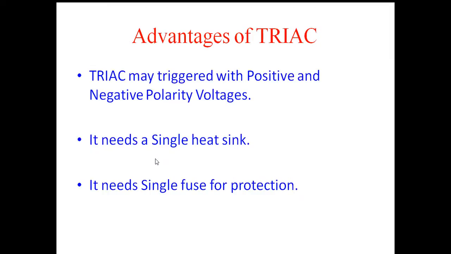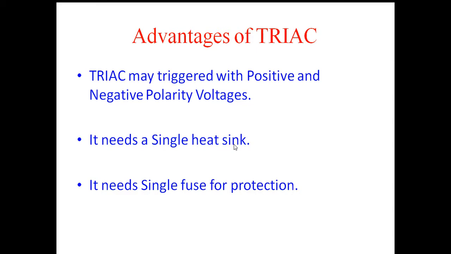Advantages of triac. The triac may be triggered with either positive or negative polarity voltages, as we just discussed. And when compared to SCR, it will have only one single heat sink. Actually, in the equivalent circuit, we have two thyristors in anti-parallel.